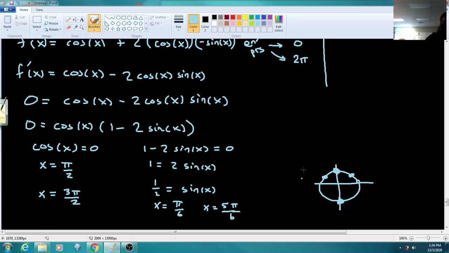If you don't have your unit circle memorized, go through and memorize it to get your values. So we have 4 critical points to check: pi over 2, 3 pi over 2, pi over 6, and 5 pi over 6. These are all critical points.